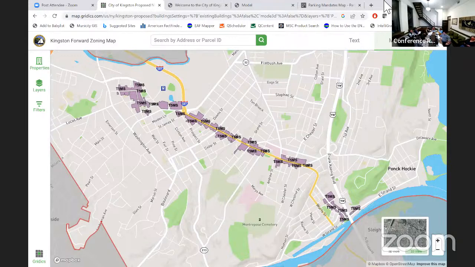Then the way this summary table is broken down, there are some primary characteristics and then allowable building types. The building types are something we didn't include for you to review tonight. There's a whole section.